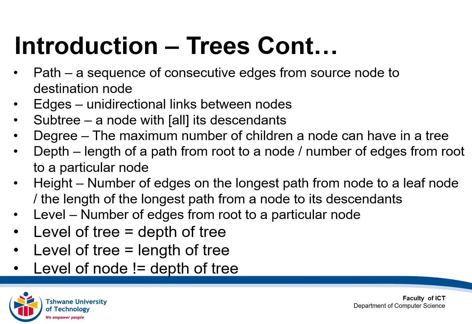Further concepts around trees, which now address other aspects of the tree, are, for instance, what we consider a path, which is basically a sequence of consecutive edges or consecutive nodes from the source node to the destination node. It is important that these nodes must be in sequence because they speak of a particular path or direct one towards a particular destination.